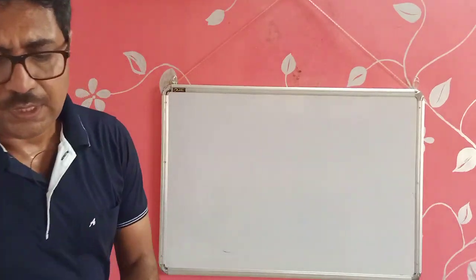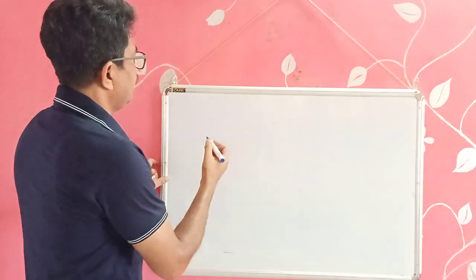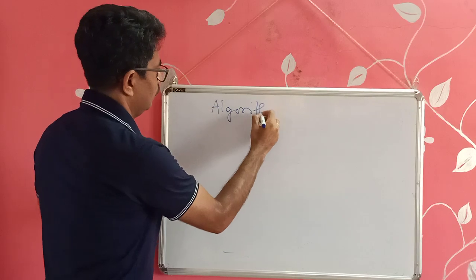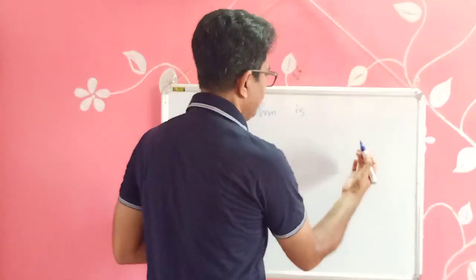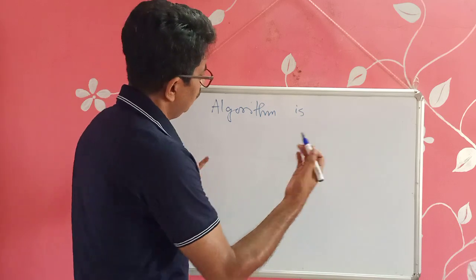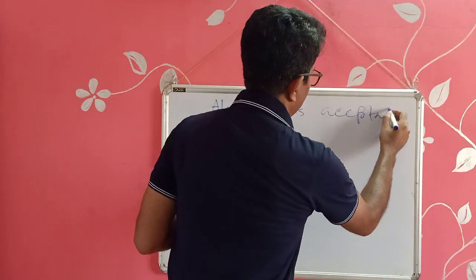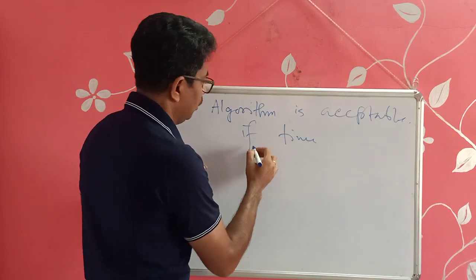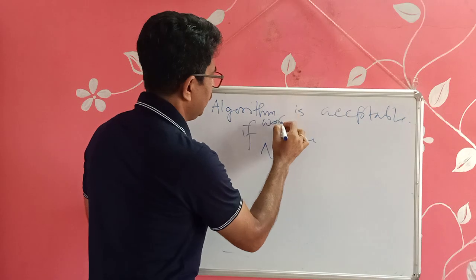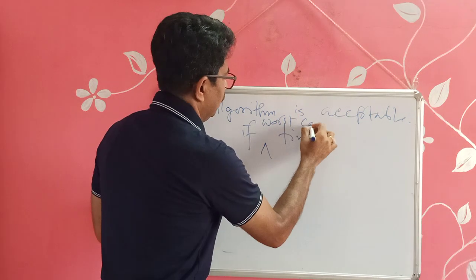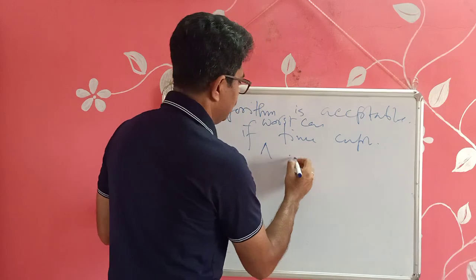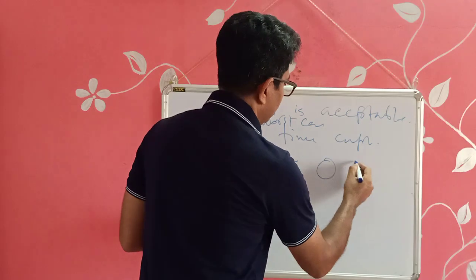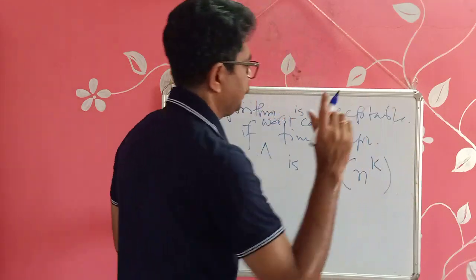Now, how do we say that an algorithm is best, better or worst? Some conclusions we can draw. We can say that any algorithm is acceptable if the worst case time complexity is order of n to the power k.